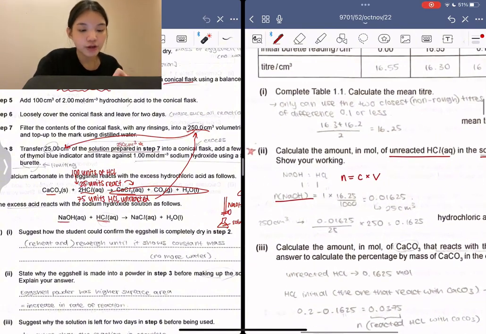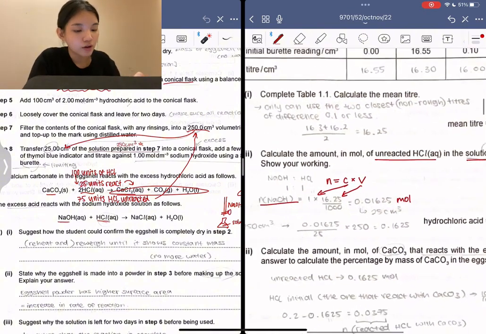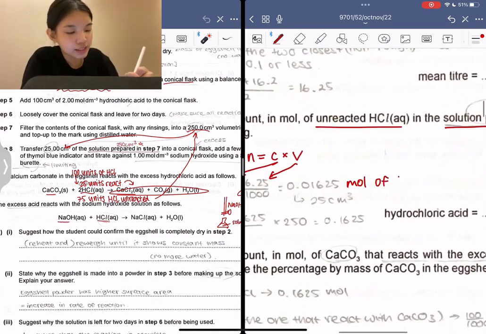The mole of NaOH is calculated by this formula. The concentration is 1, volume is 16.25 cm cube, but you need to convert it to dm cube, so divide by 1000, which is equal to 0.01625 moles of unreacted HCl.